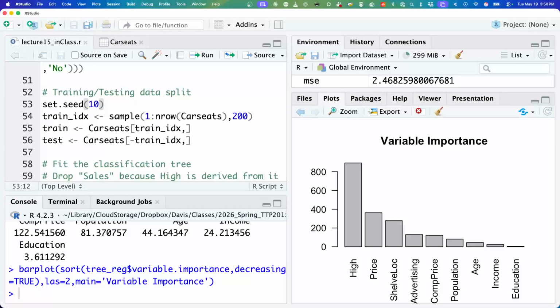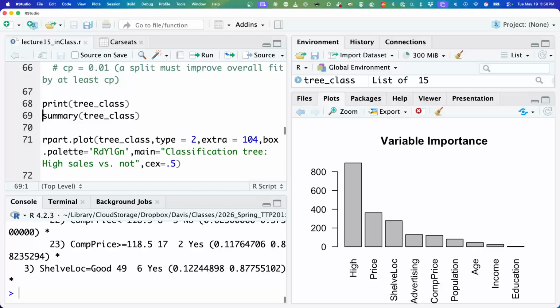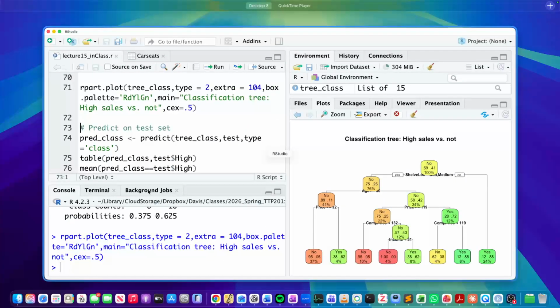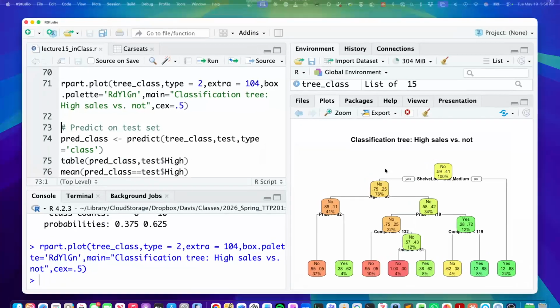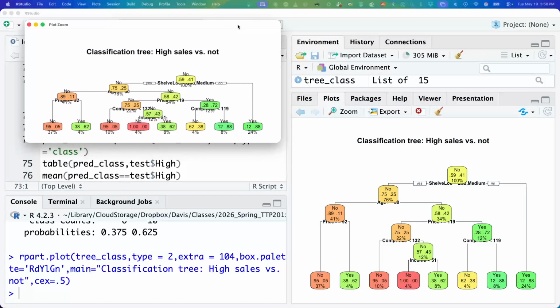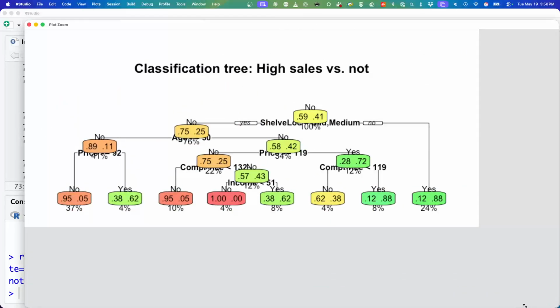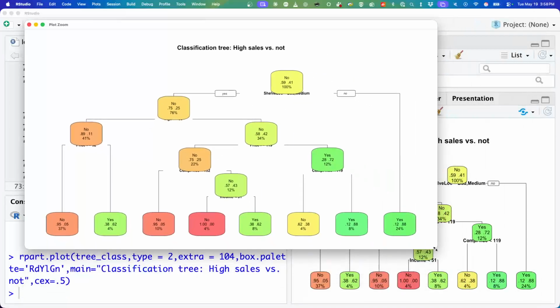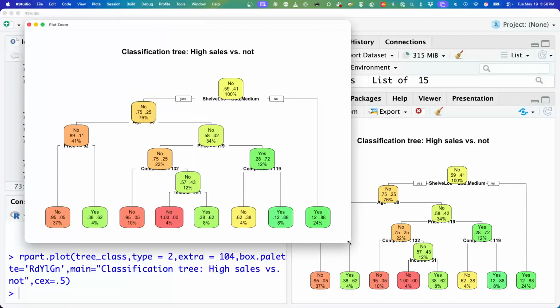So I'm just changing the training data and testing data. Okay, if you guys remember, the first split was price, right? And now all I've done is I've changed the training data a little bit, and it is now saying that the first split should be the shelf location and the next split should be age.